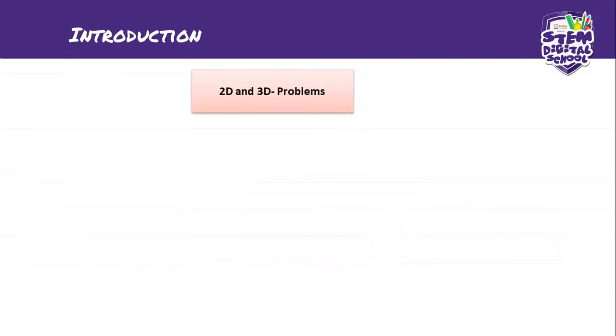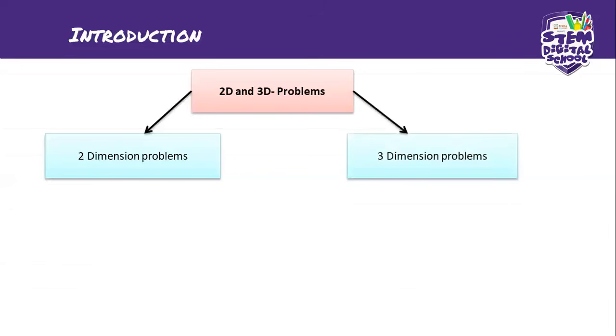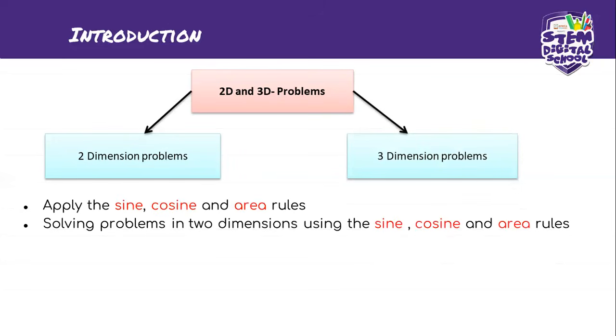Now the introduction, like I said, is that we have 2D and 3D problems. We are going to deal with 2D problems as well as 3D problems in today's lesson. When dealing with 2D and 3D problems, one should remember how to apply the sine rule, the cosine rule, and the area rule.